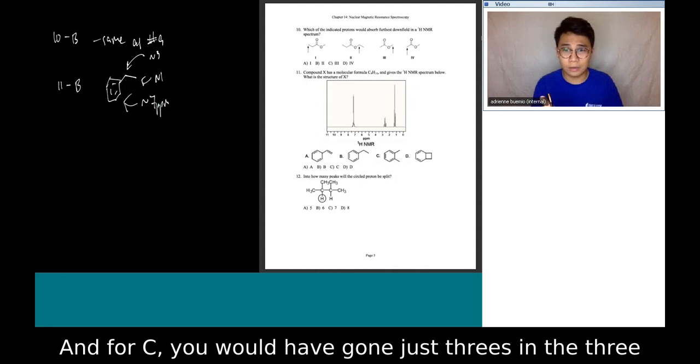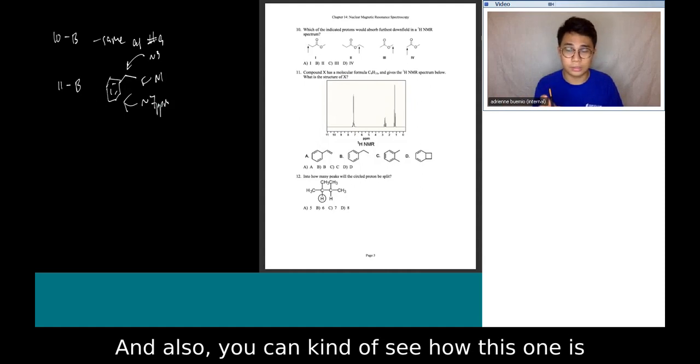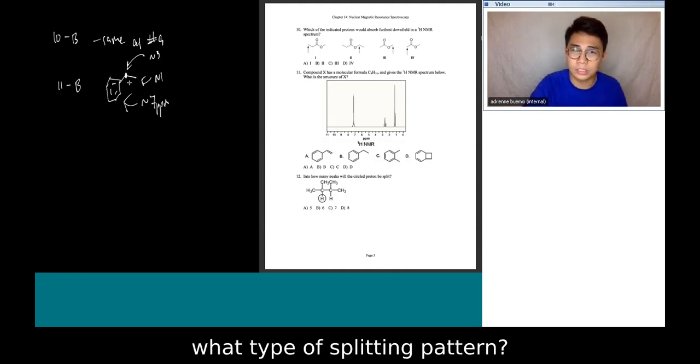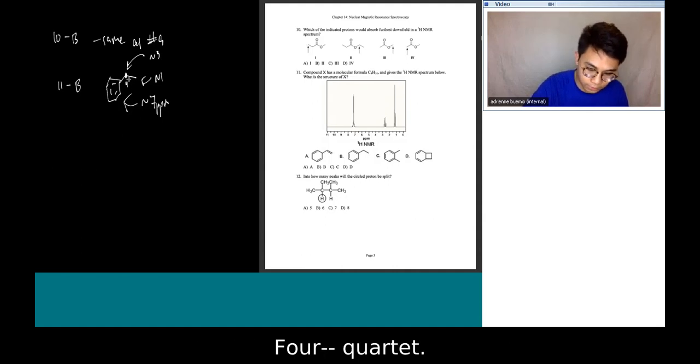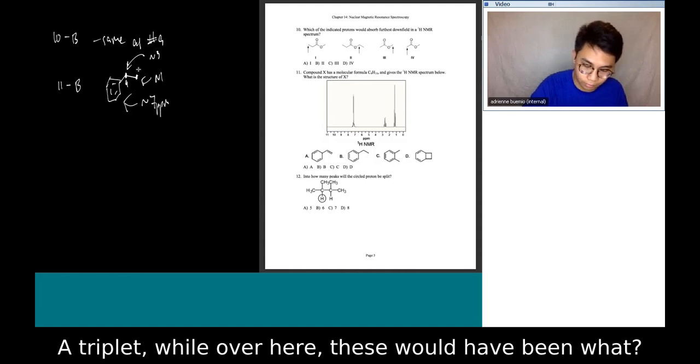And for C, you would have gone just threes, right? In the 3 because those H groups are close. And also you can kind of see how this one is what type of splitting pattern? 4, right? Quartet. And this one is a triplet, right?